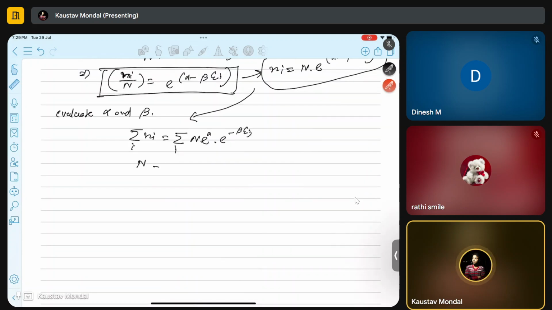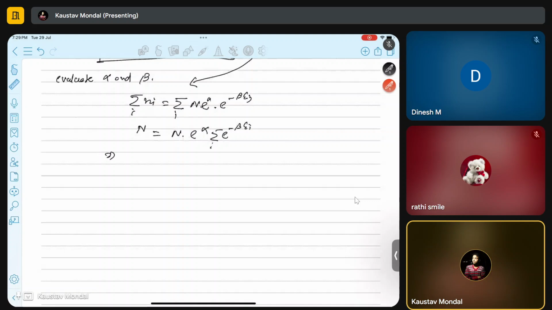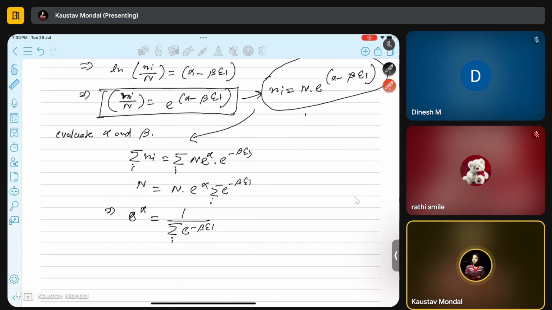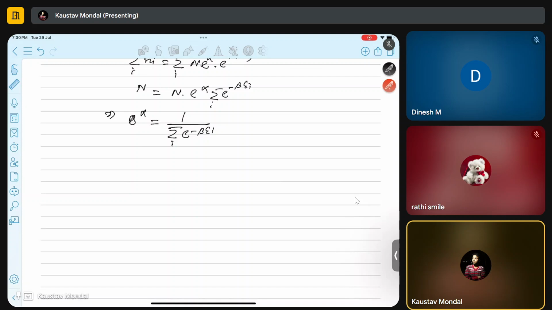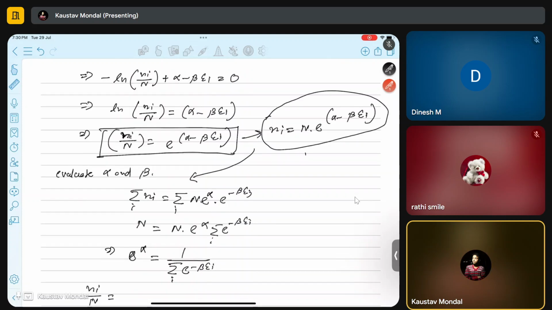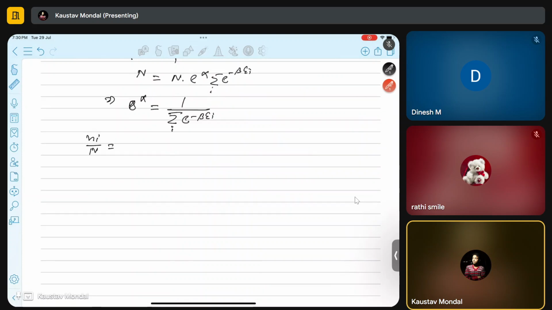So total number of particles is N. So e to the power alpha is nothing but 1 by the summation over i of e to the power minus beta Ei. You can substitute this e to the power alpha in this expression, and that gives you Ni by N equal to e to the power minus beta Ei by the summation over j of e to the power minus beta Ej.